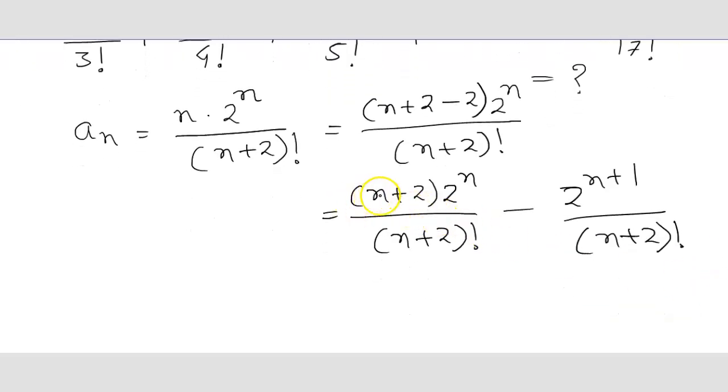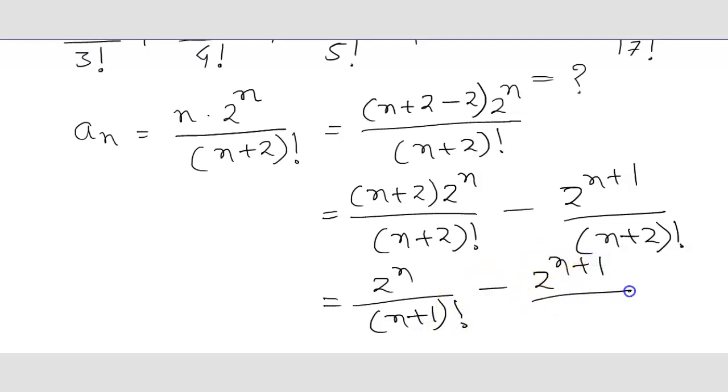See, this n plus 2 and this n plus 2 will cancel out, and it will result in something as 2 to the power n by (n plus 1) factorial minus 2 to the power n plus 1 by (n plus 2) factorial.